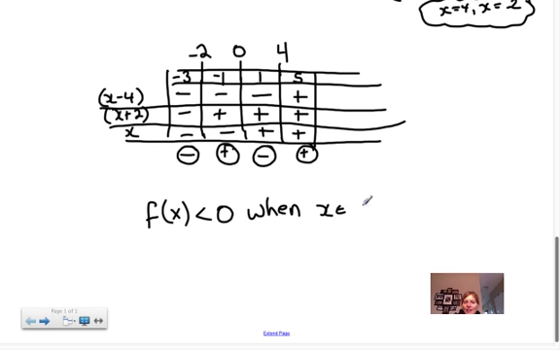So x is between negative infinity and negative 2. Now, because we're talking about just less than, the negative 2 would not have a square bracket. It would just have a round bracket. Or, when else is this going to occur? This is also going to occur between 0 and 4. So also when x falls between 0, which was my asymptote, and 4.